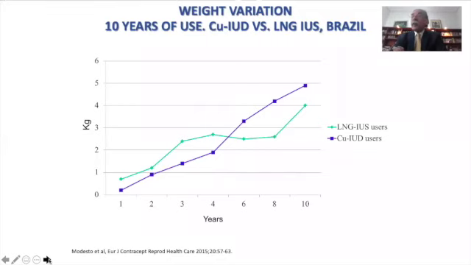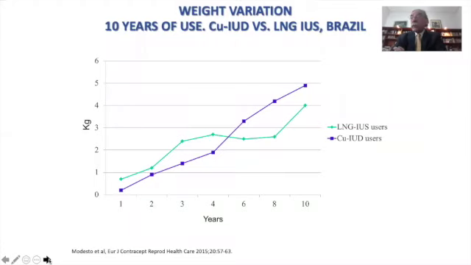Another concern of women and reason for discontinuation of the copper IUD and levonorgestrel IUS, mainly the levonorgestrel IUS, is that many women believe any hormonal contraceptive method provokes weight increase.